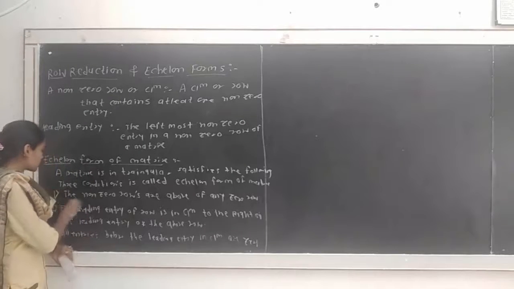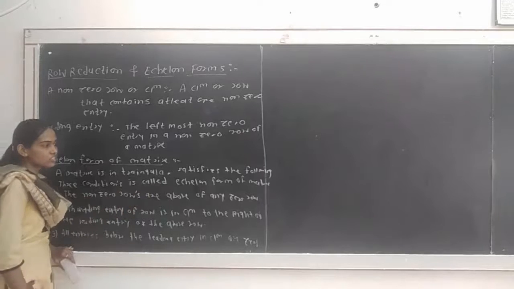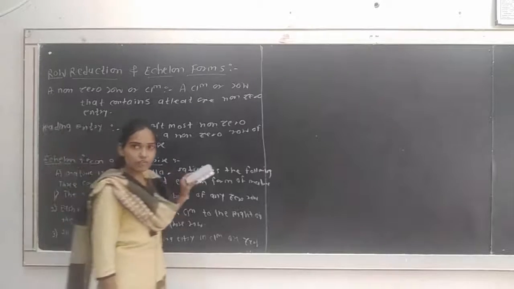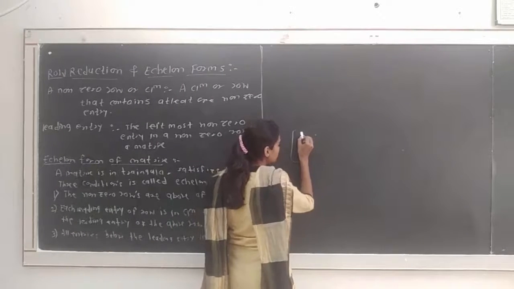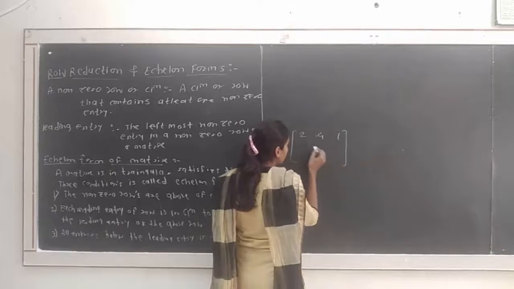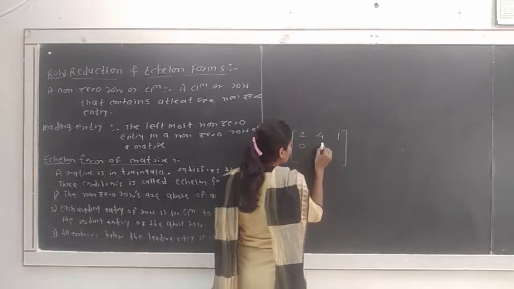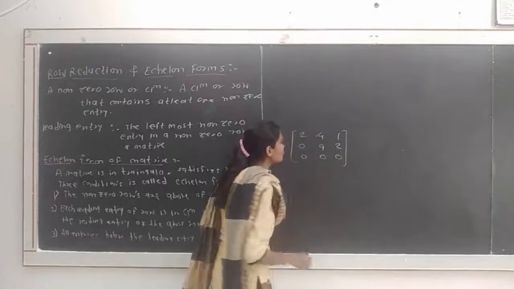So the first condition is that the non-zero rows are above any zero row. That means in triangular form, if we consider a 3 by 3 matrix, suppose the first row entries are 2, 4, 1, then 0, 4, 2, and the third row will be 0, 0, 0.